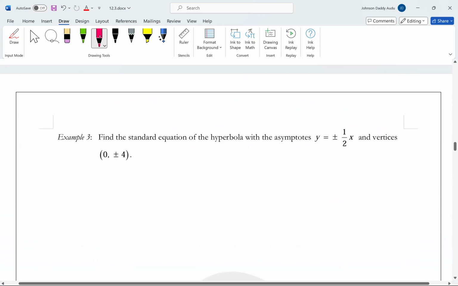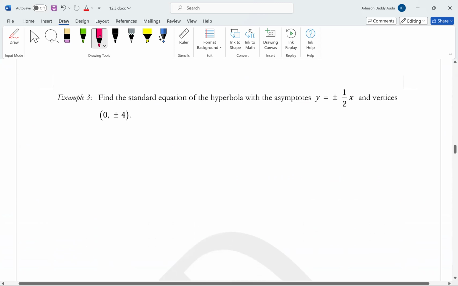And that's it. Now, example 3. Example 3 says you want to find the standard equation of a hyperbola with asymptote. So these are the asymptotes here, 2 asymptotes, yes? But look at the vertices. Where are the vertices?